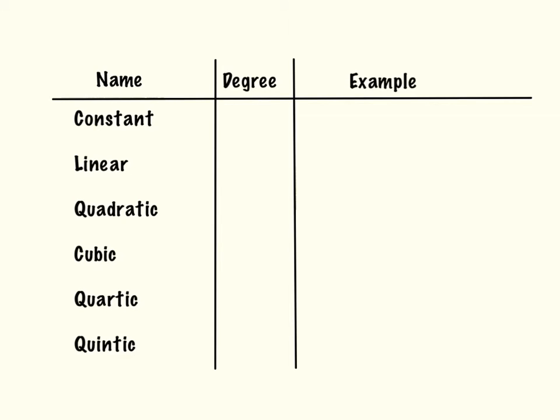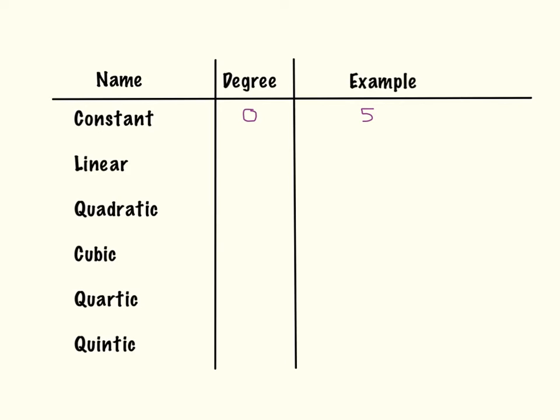Okay, so not only can we be classifying polynomials by the numbers of terms, but we can also classify by its degree. So let's move down this row. A constant is a degree of 0, and 5 would be an example of that.